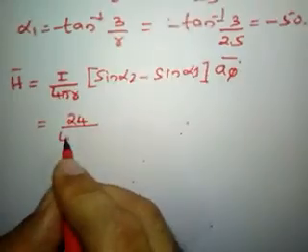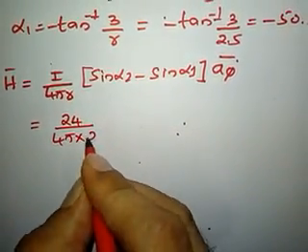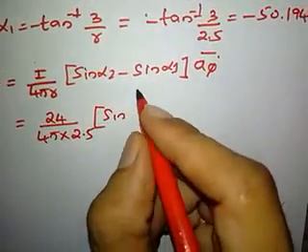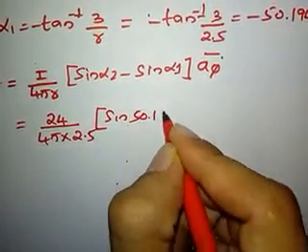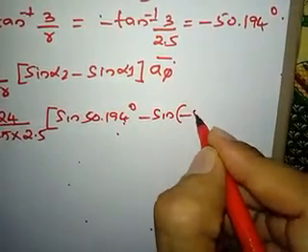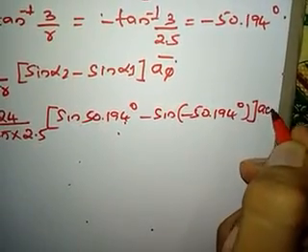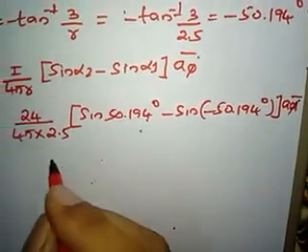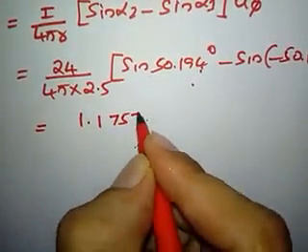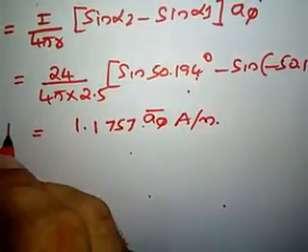This divided by 4 pi r, we have calculated it is 2.5, into sine 50.194 degrees minus sine of minus 50.194 degrees, a phi bar. So this comes out to 1.1757 a phi bar ampere per meter, that is H bar.